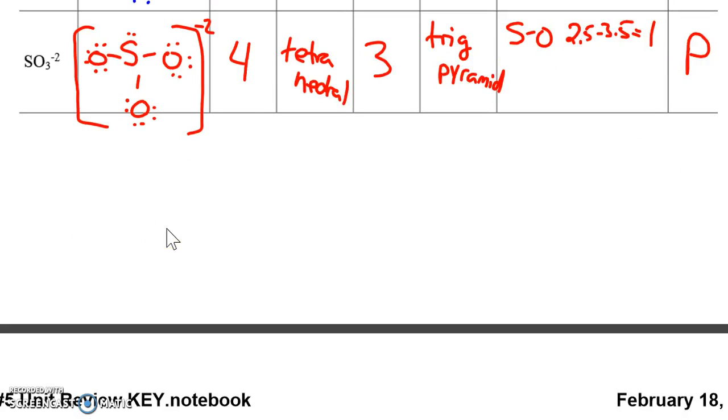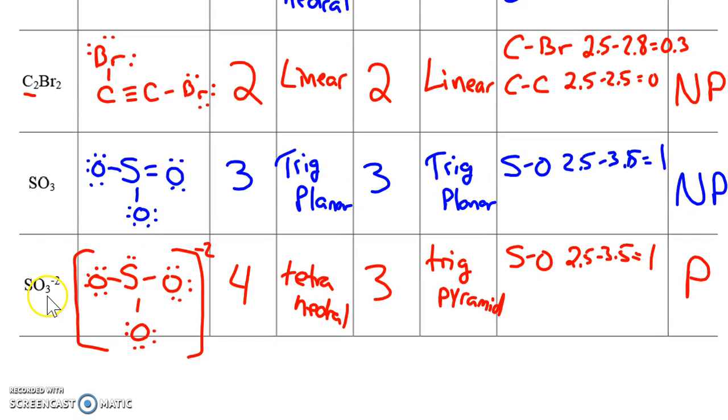Now, the difference between sulfur trioxide and the sulfite ion really comes down to the fact that this lone pair is going to deflect these oxygen groups away and cause it to have a pyramid base. So that pyramid base causes it to have a 3D shape, and if we cut across the sulfur atom, that makes it a polar molecule.